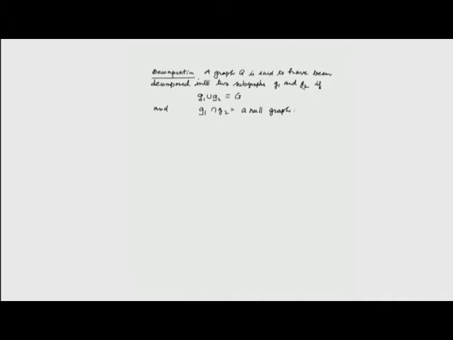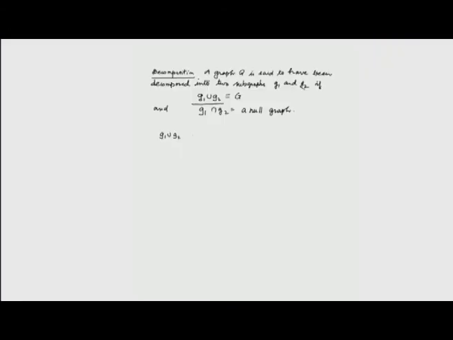Now, the question is, what do we mean by G1 union G2? G1 union G2 is the union of G1 and G2.